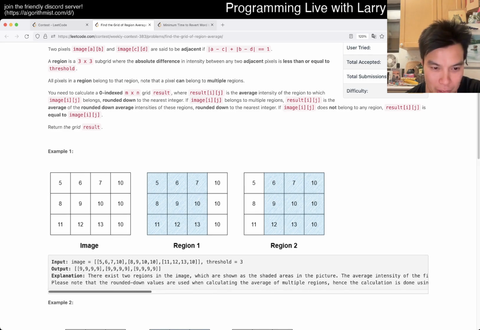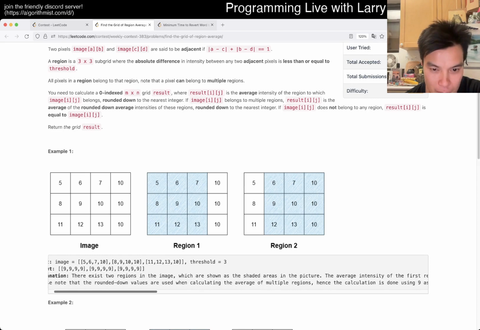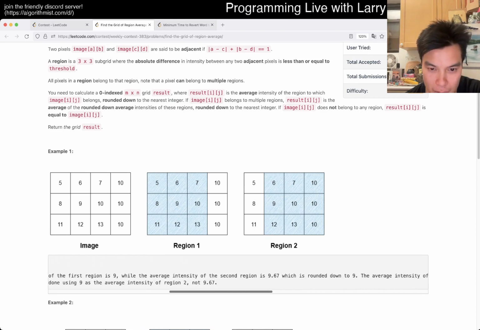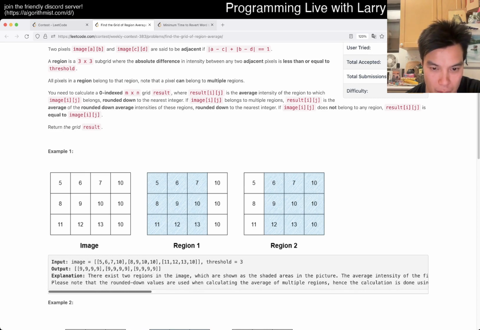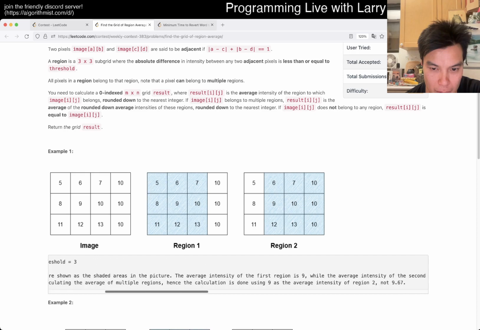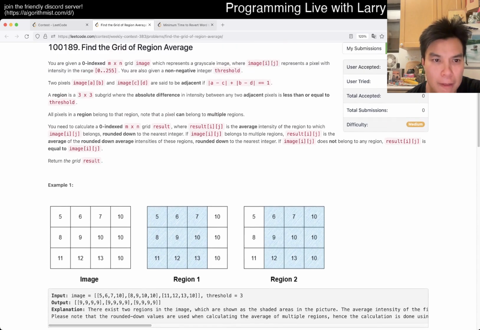Makes me scroll so much to read this. This is so silly. Say what?